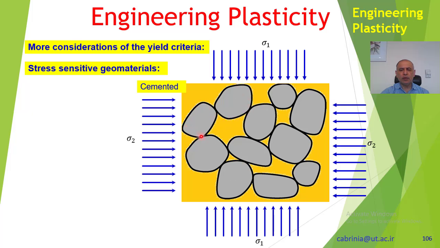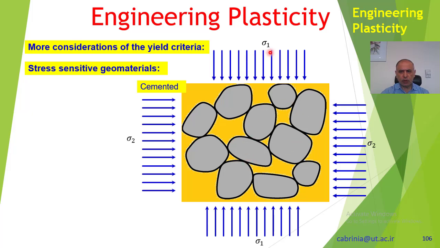This could be small stones, or this could be the grains in the powder metallurgy. So let us call them grains. These are the grains, and as you can see, this yellowish color is the glue that keeps these grains all together.